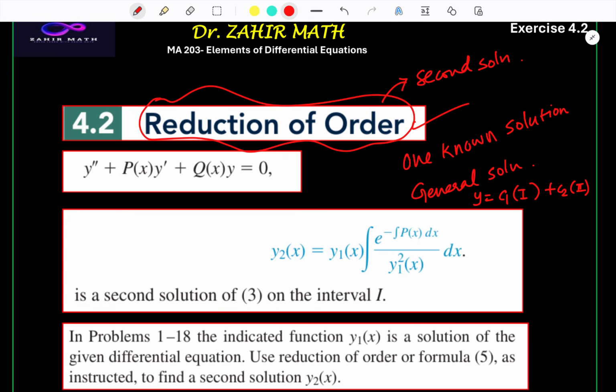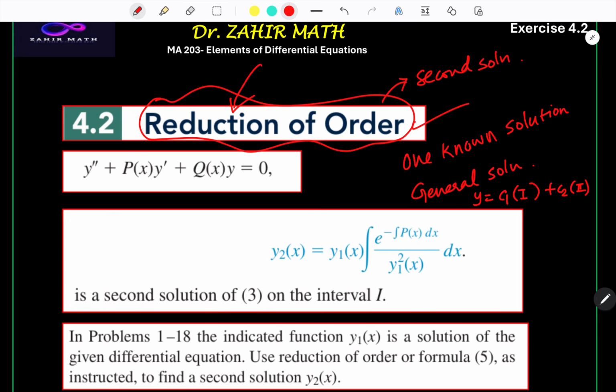And one more method we study after this exercise, which is called variation of parameters, also will not help you to find the second solution. So the one and only method which gives you the second solution is reduction of order.